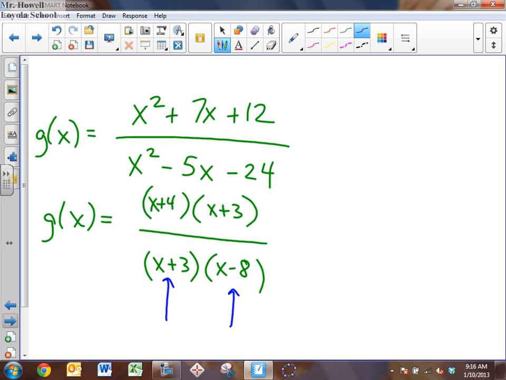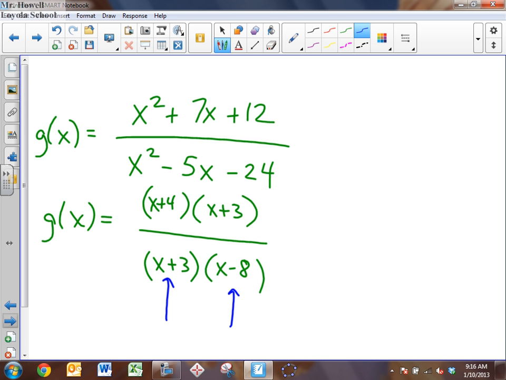So anything that makes either of these factors 0 is not in the domain. Remember, what we're trying to figure out is what values x cannot take on, or what is not permitted in the domain.